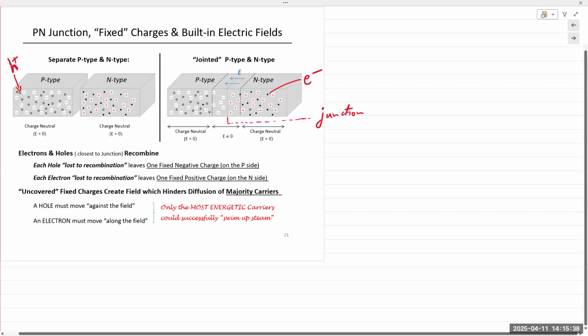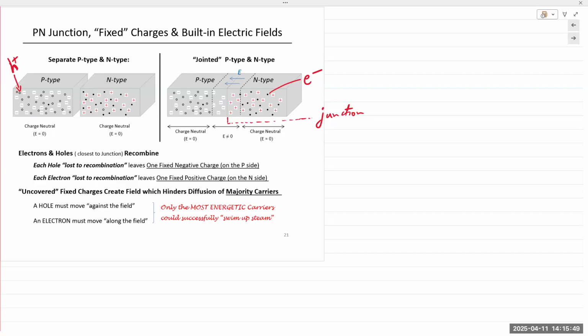If this phenomenon progressed unimpeded, you would have an equal number of holes and electrons on both sides of the junction. But that's not what they observed.